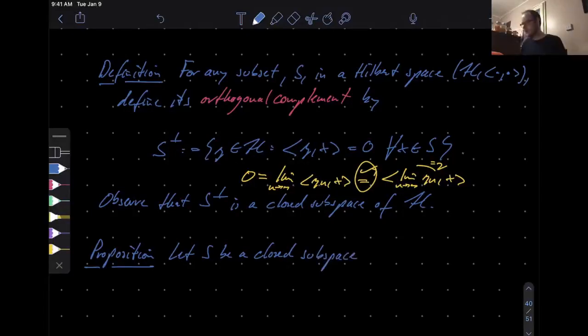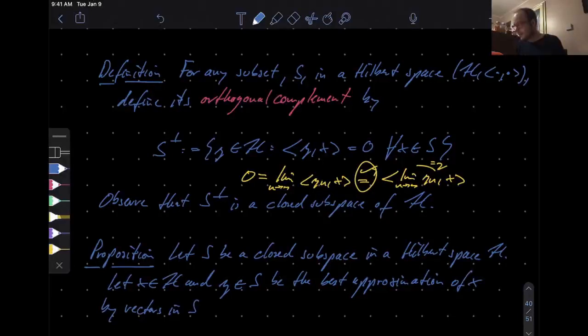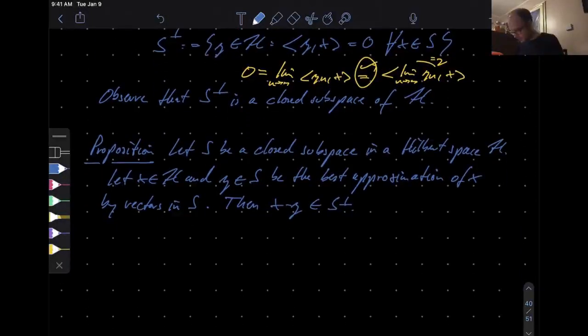Earlier we were just doing convex sets, which was the minimal assumption in a Hilbert space H. Let x be in H and y in S be the best approximation of x by vectors in S, then the difference vector x minus y is in the orthogonal complement of S. This is what I had earlier in my picture.